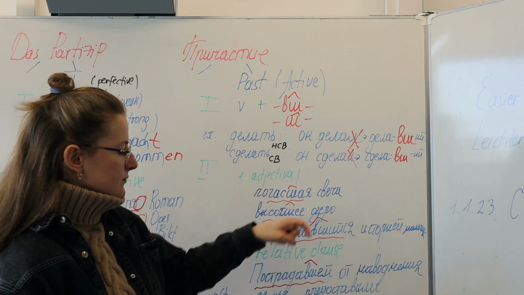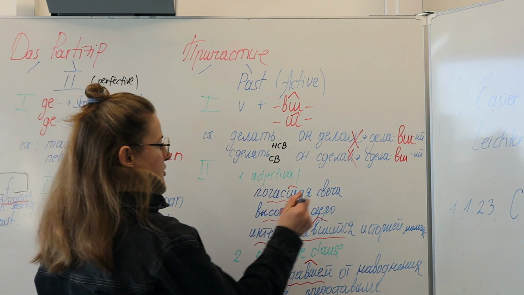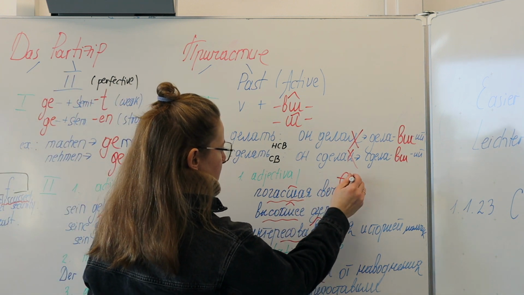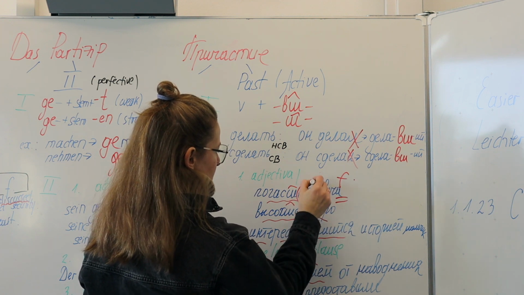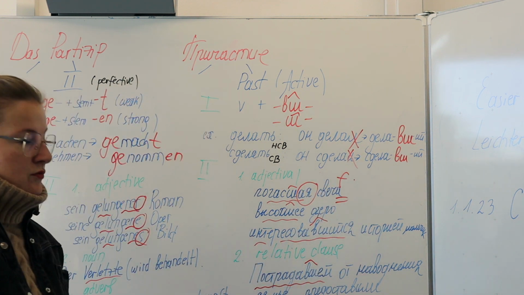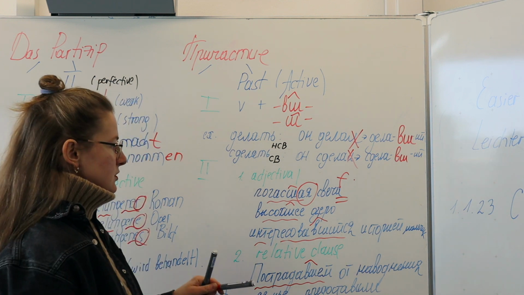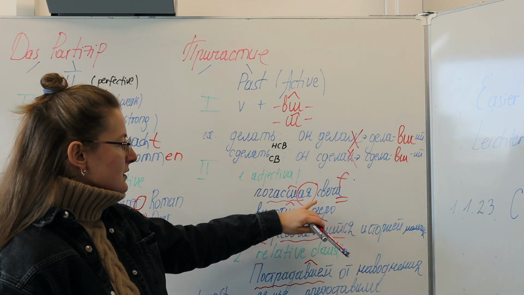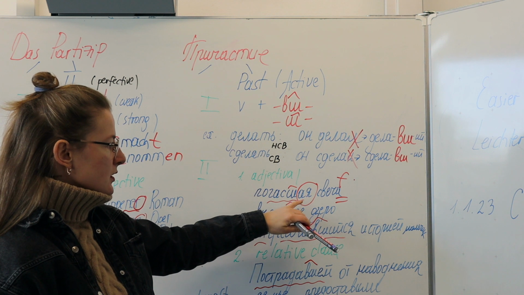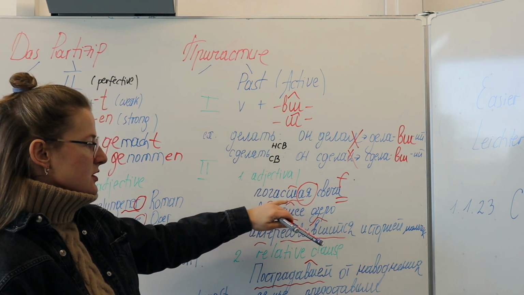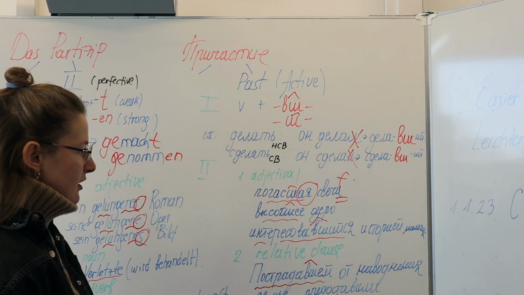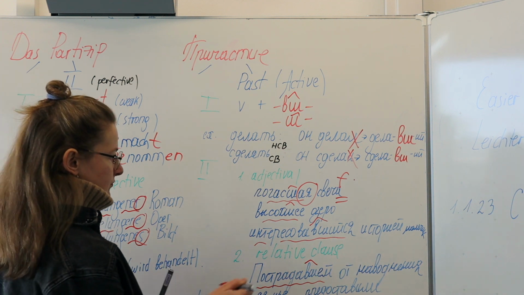So род: свеча, она моя, so feminine. Погасшая. Свеча одна, число, so number, and падеж in this case is nominative, right? Именительный падеж. Погасшая свеча.